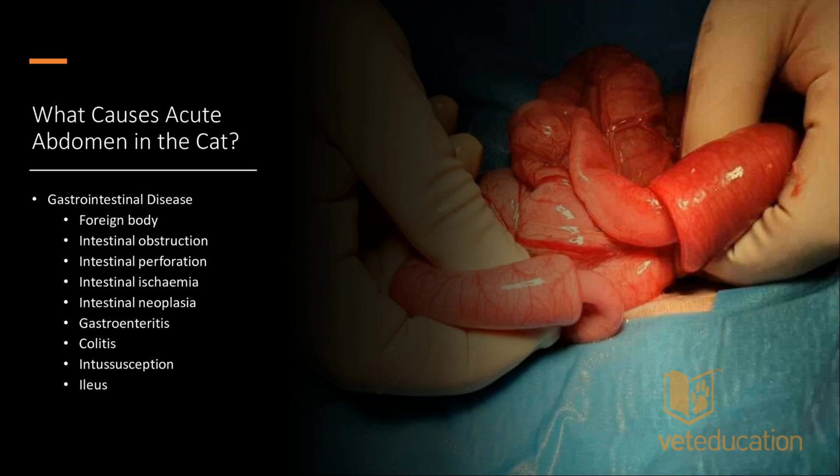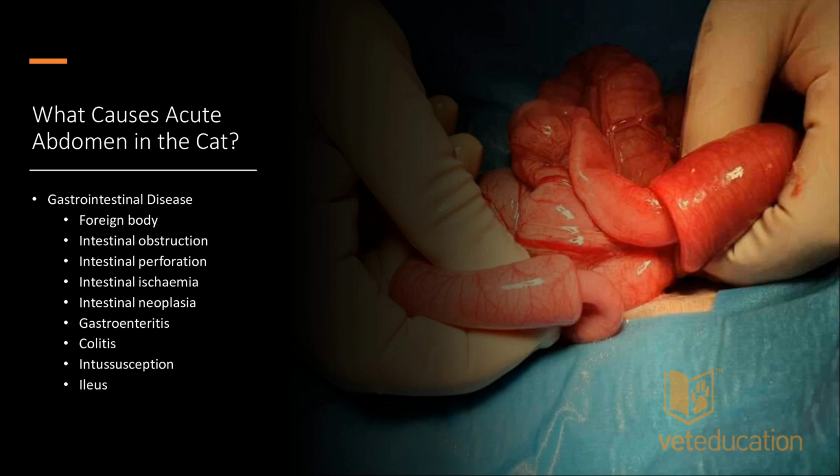Cats can suffer from intestinal perforation, be that from a luminal foreign object that erodes through or leads to pressure necrosis through the intestinal wall, or they can also have intestinal perforation through penetration of external objects, things like slug gun pellets that can penetrate the abdominal wall and in fact perforate the intestine as they travel through the cat.